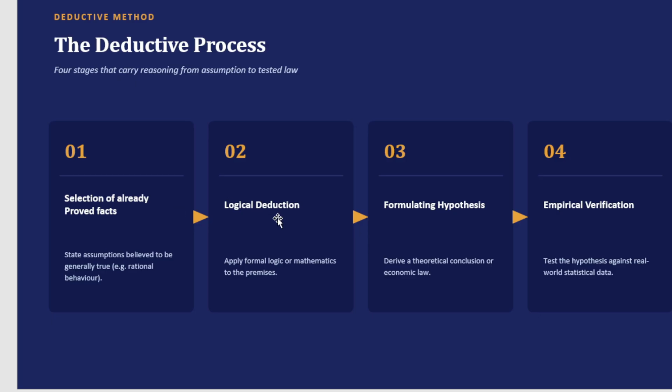Now logical deduction will be derived, and on the basis of the logical deduction, we will formulate a hypothesis, and on the basis of the hypothesis, empirical verification will be done. After that verification, we frame the principles of economics, and this is the deductive process.